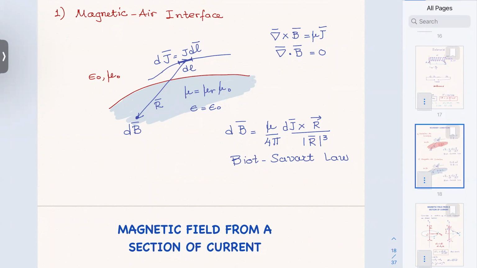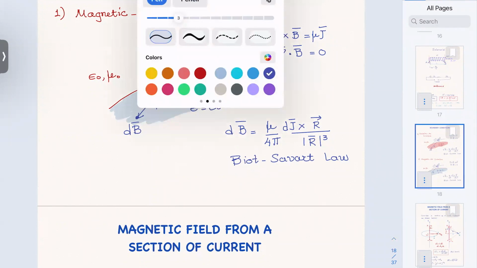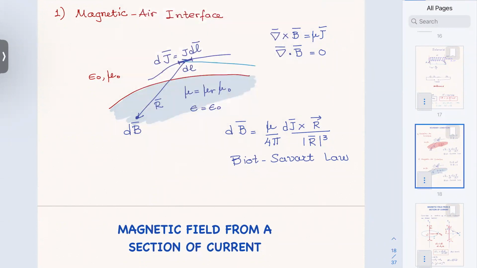So now, as you can see, depending on where the R is, if for example I have another point, which is here in free space, dB prime is going to be given by the following expression: mu naught over 4 pi, dJ cross R, over the magnitude of R to the third power.